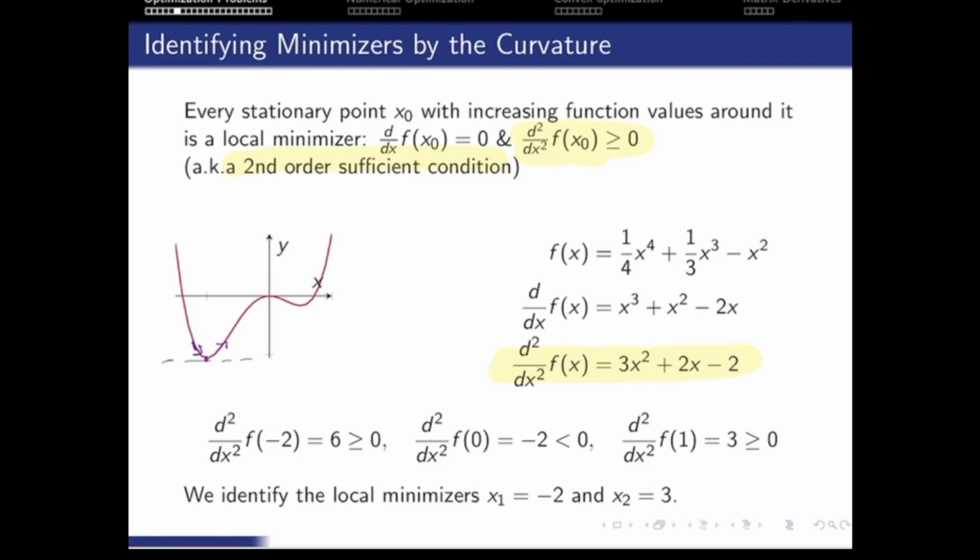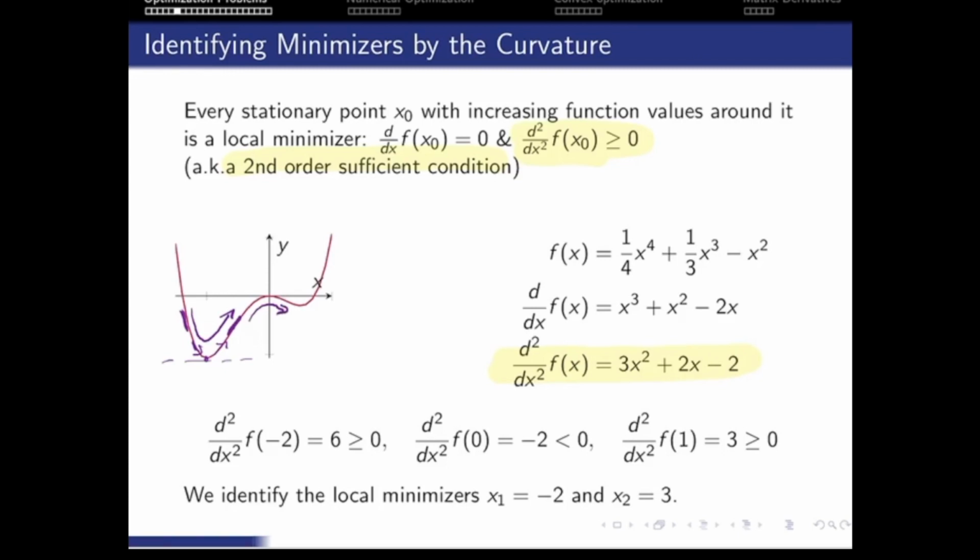So the curvature is in this case positive, or the second derivative is positive, because the slope is increasing. Here we have a negative slope and here we have a positive slope, and it's increasing all the way. And for a maximum it's actually the opposite, so there the curvature is negative. Let's just do this.